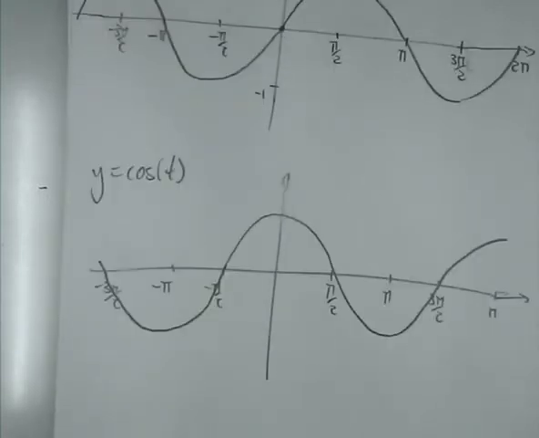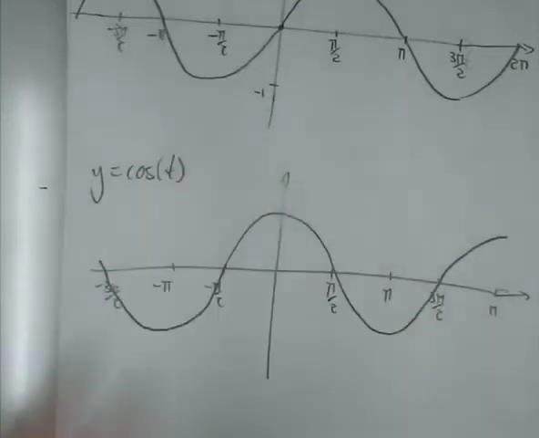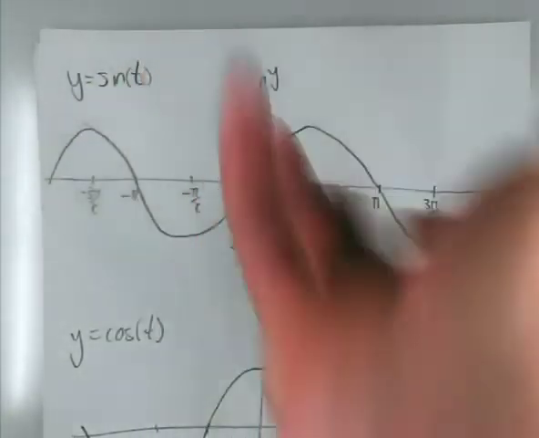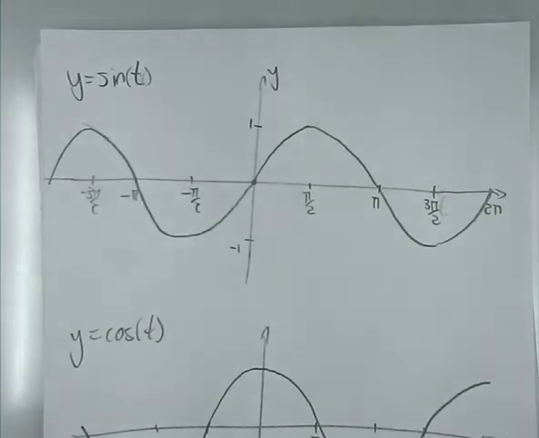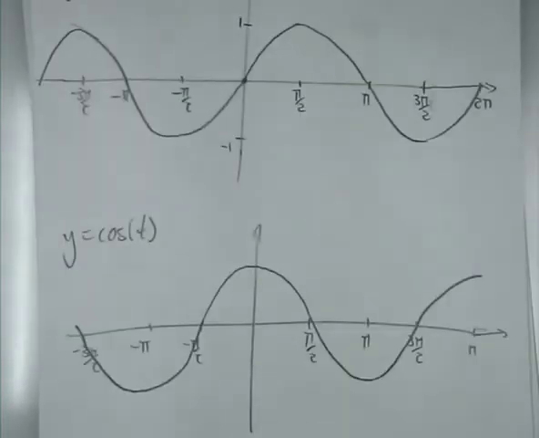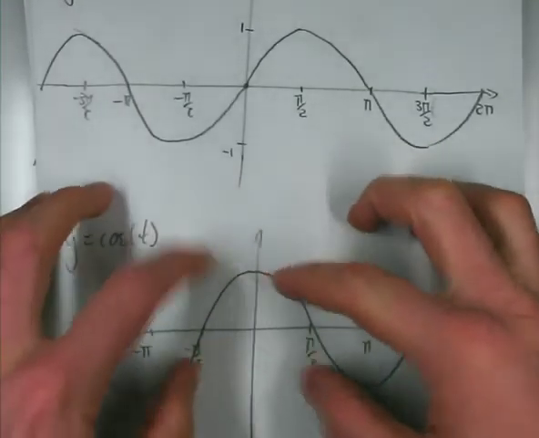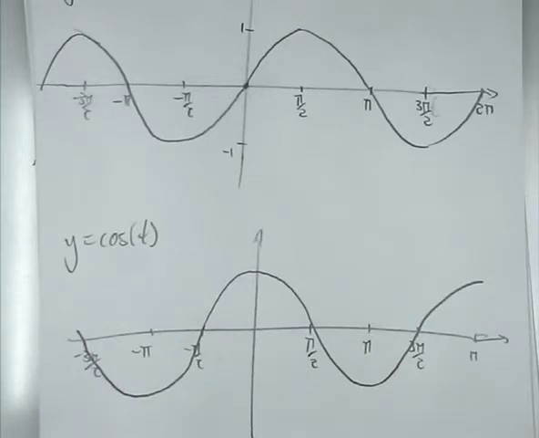They call cos an even function because if I flip it this way I get the same thing. Sine is an odd function because if I rotate it this way I get the same thing. So cos has a hump here at the origin and sine has its greatest slope here at the origin.